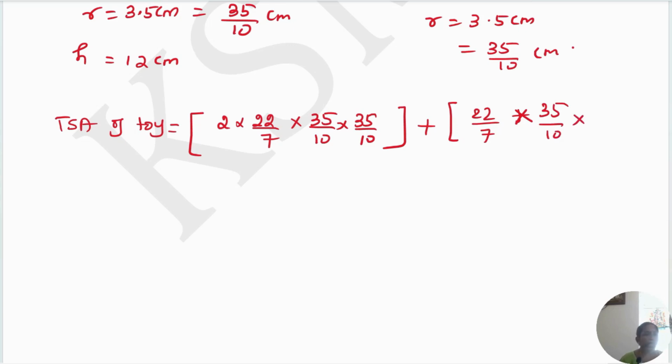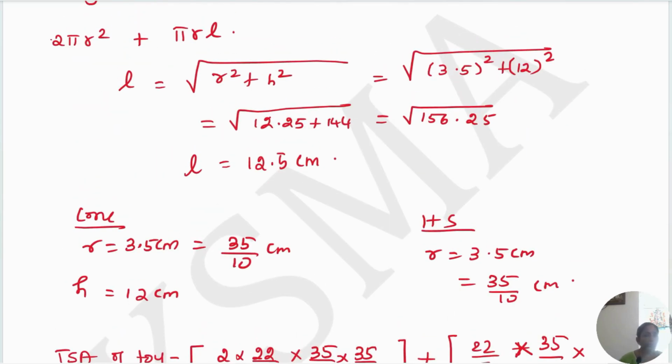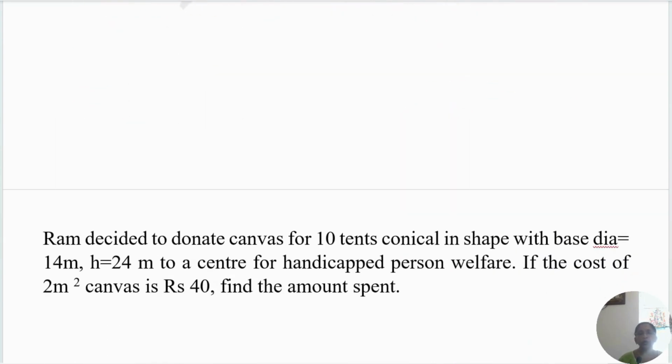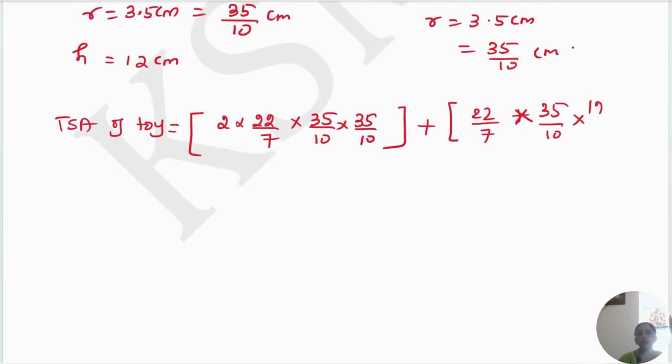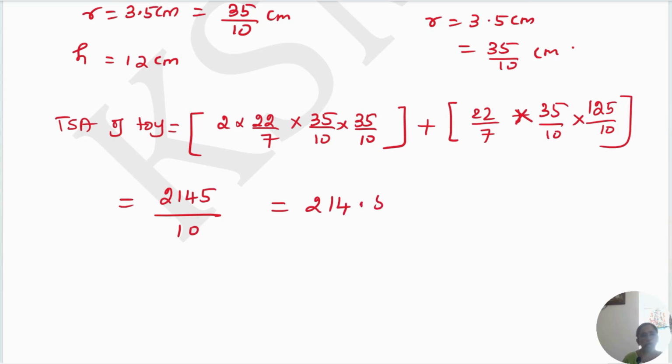L value here is 12.5. So 12.5 can be written as 125 divided by 10 centimeters. So you can write your value this way. So if you simplify this, then you will get 2145 divided by 10. So this is 214.5. This is surface area, so centimeter square.